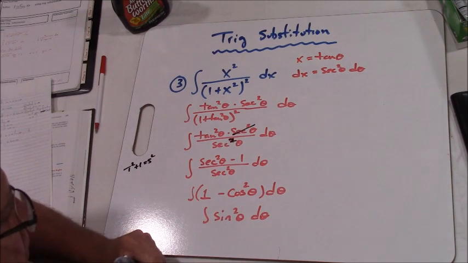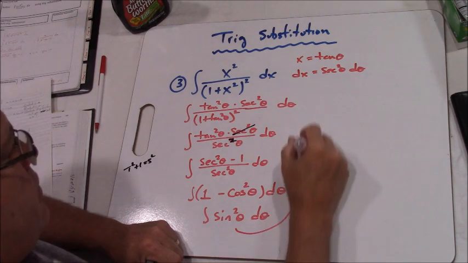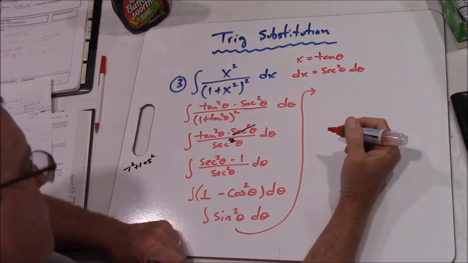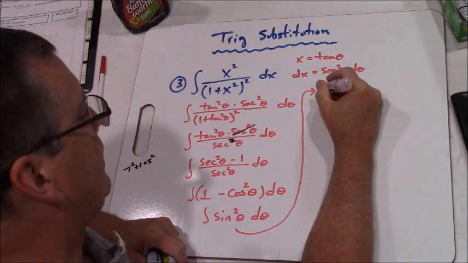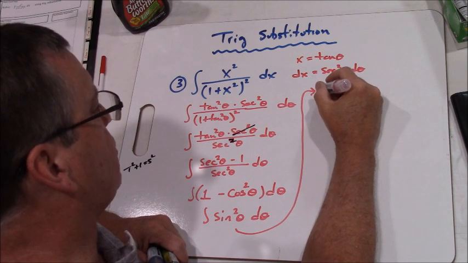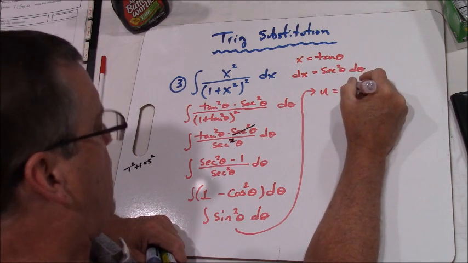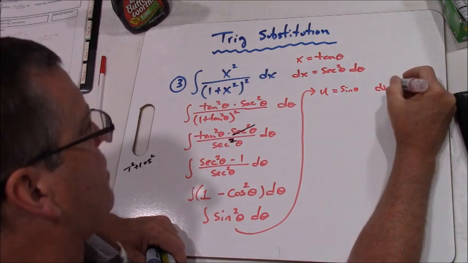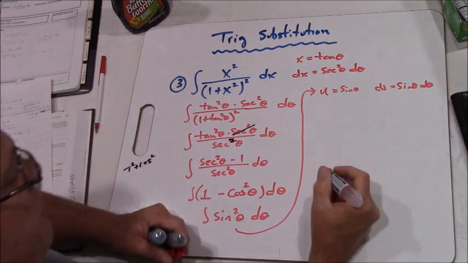So let's see, if I take this and go back up here, I would say, I don't know, this is just a guess. Let's see if this works. U equals a sine of theta, and dv equals a sine theta d theta.